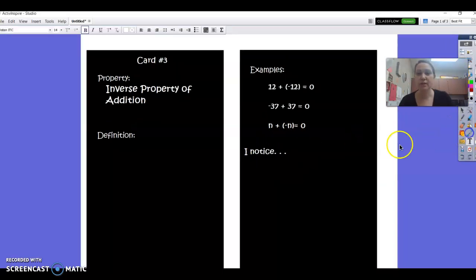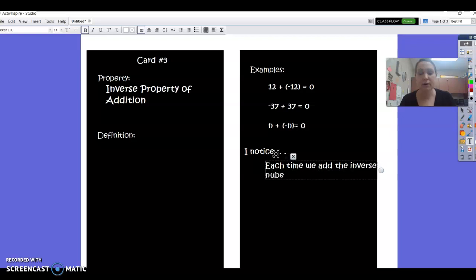So what do I notice here? I notice each time we add the inverse number or opposite number, the value becomes 0.